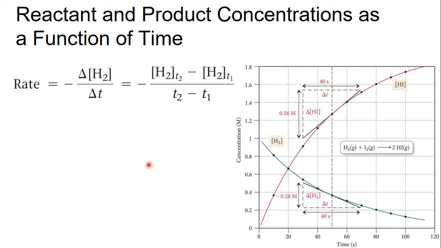And we can look at this graphically as well. So here green is our change in H2 and red is our change in HI, which was our product in our reaction. And you can see that as the reaction goes on, the reaction rates actually change.